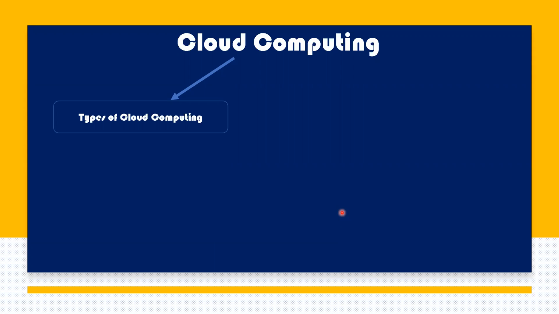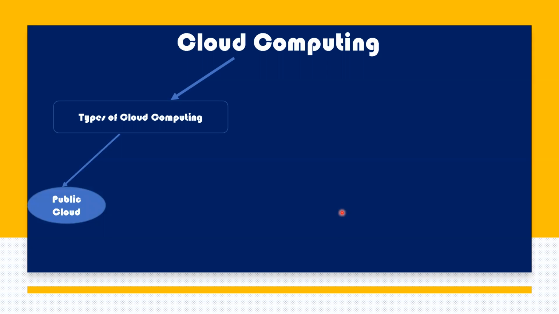We can categorize it in two ways. First, the types of cloud computing. The types of cloud computing we have are public cloud. Public cloud is one of the cloud computing types.